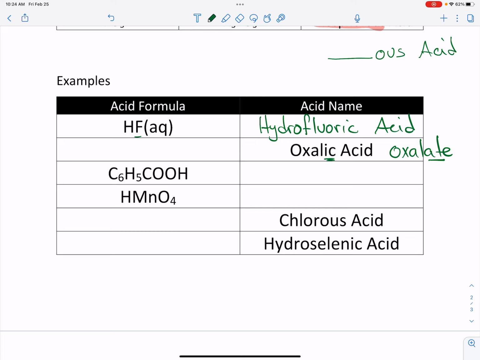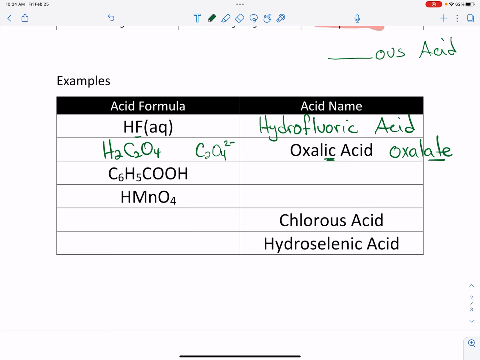So now what is oxalate? Well, we look up in our data booklet if we have to. Oxalate is C2O4 and its charge is 2 minus. That's oxalate. So when we write the acid formula, we'll add 2 hydrogens to that, and we get H2C2O4. All right?